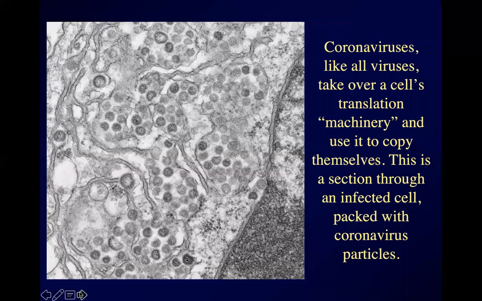And that is a slice through a eukaryotic cell that is infected with a coronavirus. I don't think this is COVID-19. Viruses, you don't really classify under the system that Linnaeus used. Viruses don't really have genus and species names, and they're not grouped in quite the same way, but we do talk about families of virus.